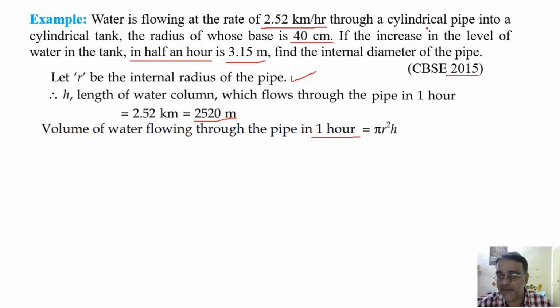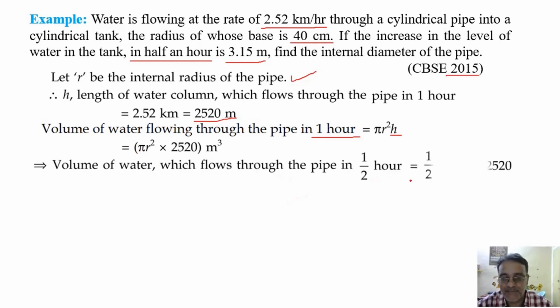It will take the shape of a cylinder, and we will keep 22 by 7 pi as it is, only substitute the value of h. Pi r square into 2520. So in half an hour we have to divide by 2. So if you divide, we'll get 1260 pi r square meter cube.